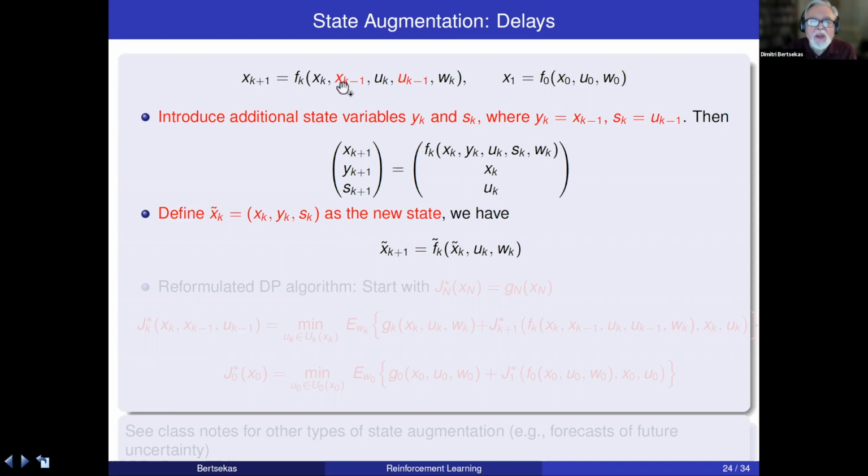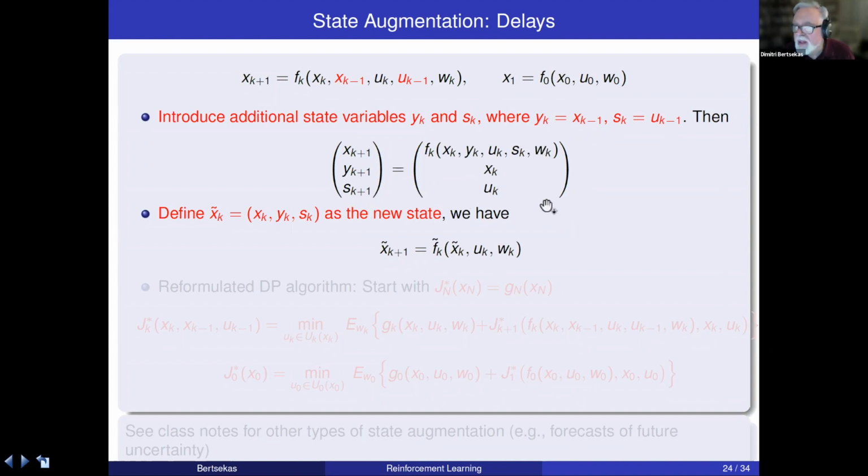Well, we introduce additional state variables. Let's call them yk and sk, where yk is the delayed state and sk is the delayed control. And then we can write an expanded system equation where the state is augmented to include yk and sk, and the augmented state at time k plus 1 evolves according to this equation. Remember, yk is xk minus 1, yk plus 1 is xk, and so on.